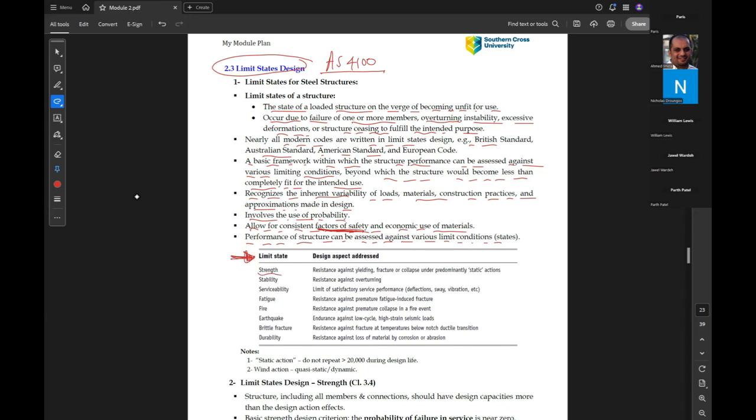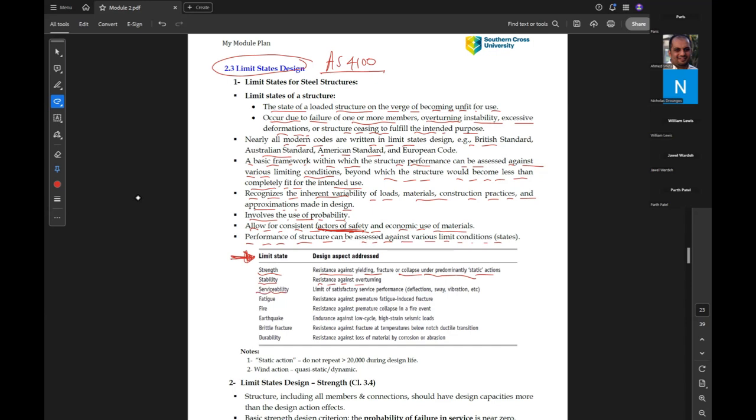So we have strength limit states, which are resistance against yielding, fracture, or collapse under predominantly static actions. Also, we have stability, resistance against overturning. For some very tall and thin buildings, overturning is the main issue, so we need to consider stability.